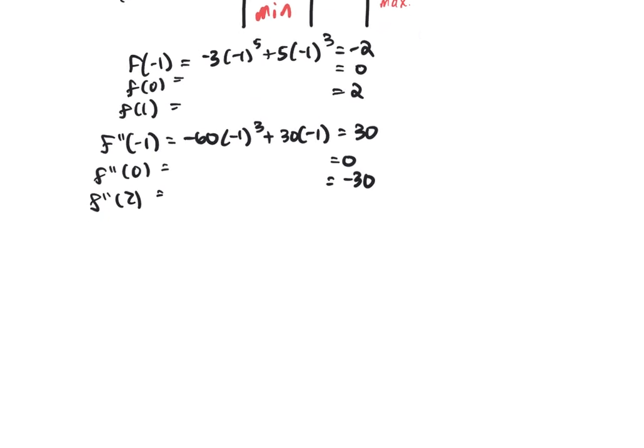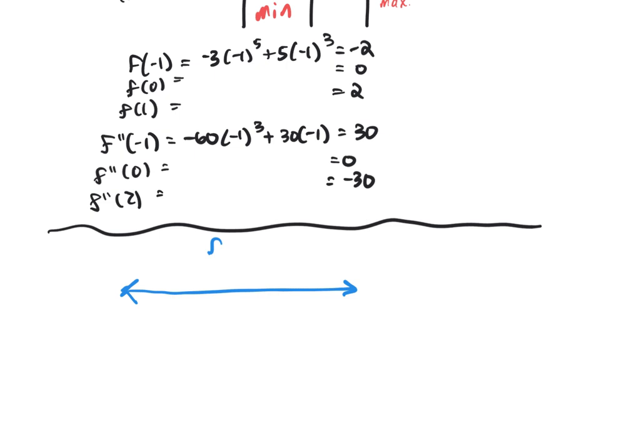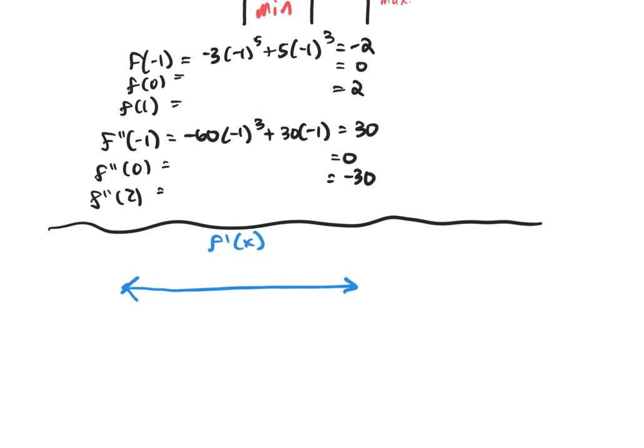Okay, so now continuing on here, I'm going to have to go to the first derivative test. So what I'm going to do is I'm going to make my little number line. I'm going to first make a note, the first derivative test. I'm checking the first derivative, and I'm going to have to check that at 0.